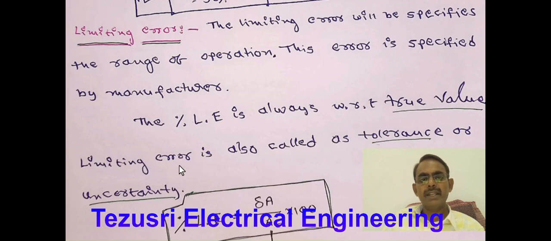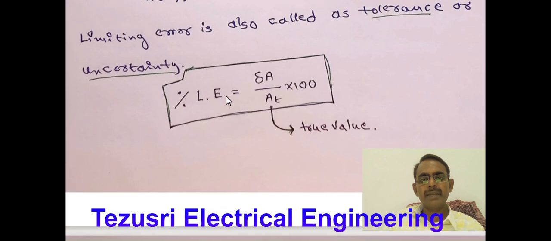Sometimes this limiting error is also called tolerance or uncertainty. The percentage of limiting error equals absolute error by true value into 100. That means the percentage of limiting error is specified in terms of true value.